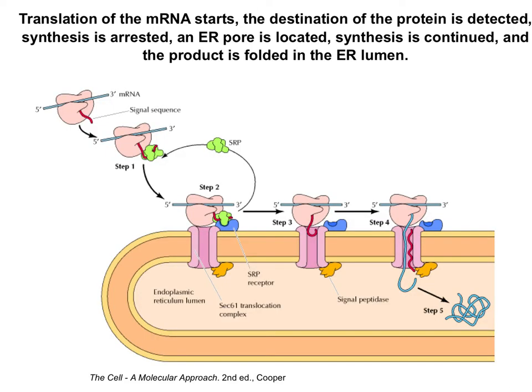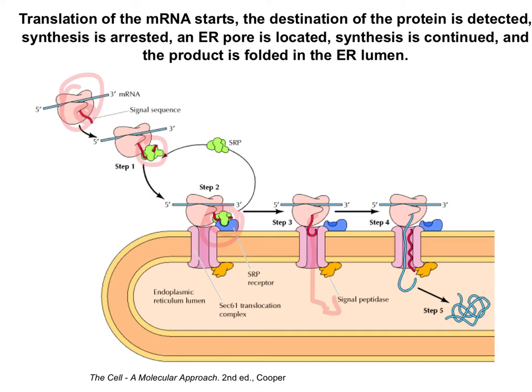And here's what that looks like inside of a cell. As we were saying, we've got this ribosome. We started to make a bit of the protein. The protein was recognized by this signal recognition particle, the SRP, which said, wait a minute, you're the thing that can't be made in the cytoplasm. I need to stop the translation, drag you over here, engage a pore in the endoplasmic reticulum, and release that so that now the protein can go inside as it's being synthesized.